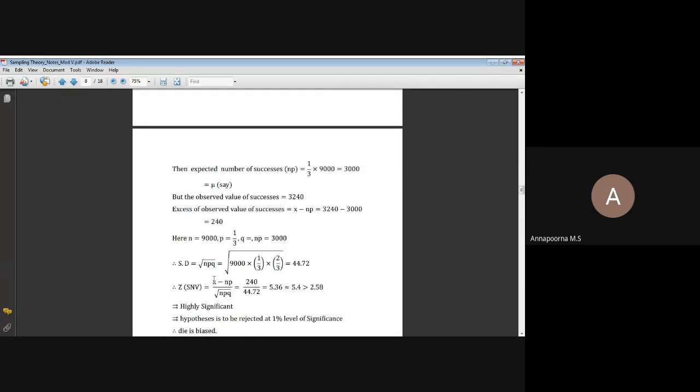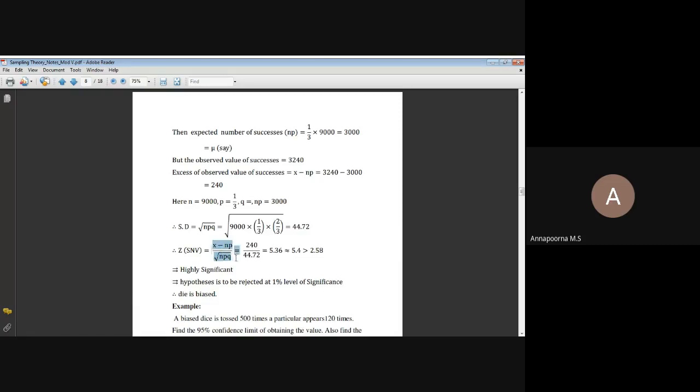So now you substitute in this expression, X minus NP divided by root of NPQ. Your X value is 3,240, N into P is 3,000. The root of NPQ will be 44.72. So you are getting this Z standard normal variate as 5.4. This number 5.4 is greater than this number 2.58.